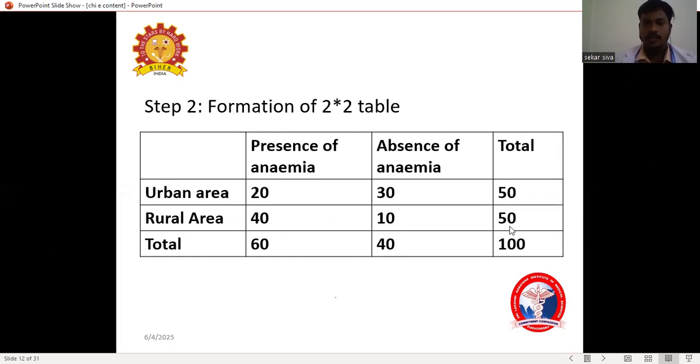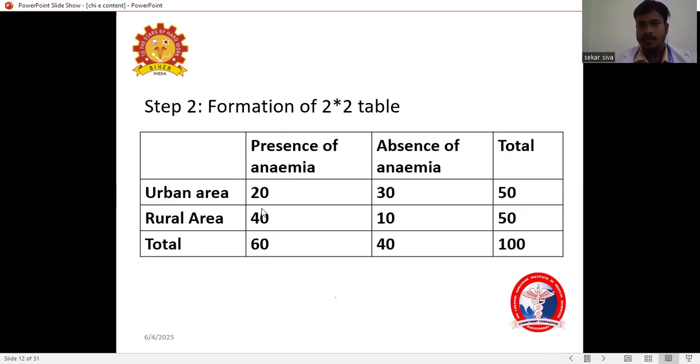In total, 60 were anemic. Of the 60 anemic patients, 20 were residing in urban areas. So automatically, the remaining 40 will be residing in rural areas.